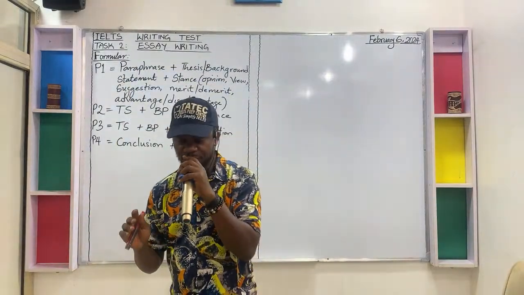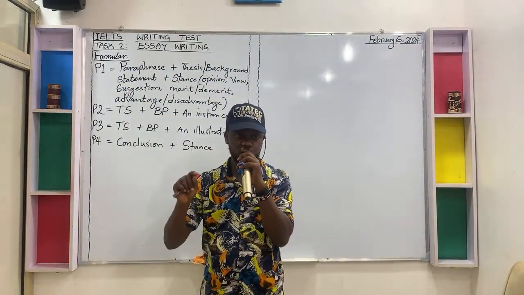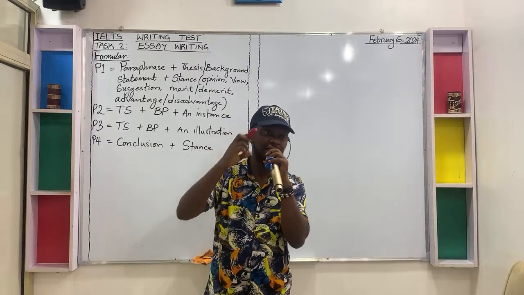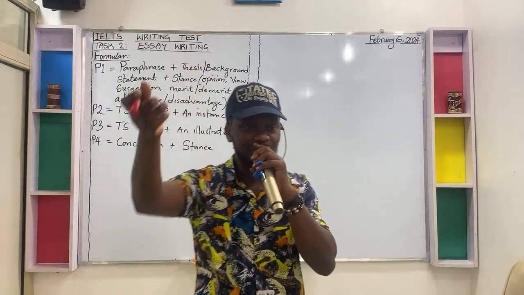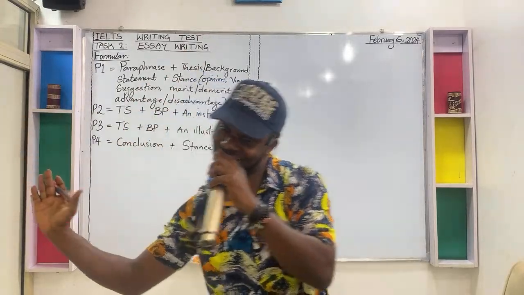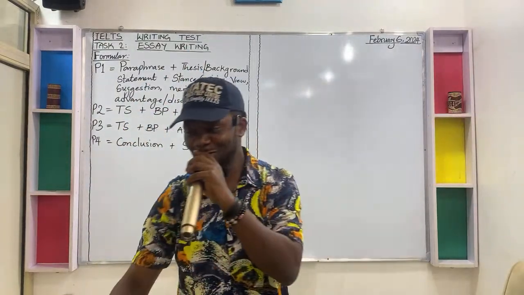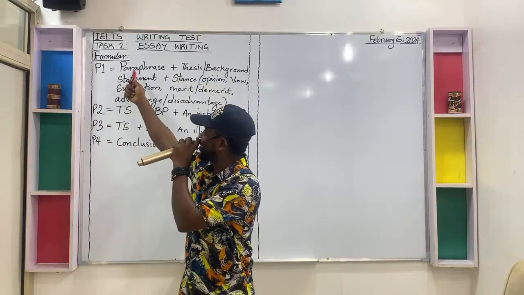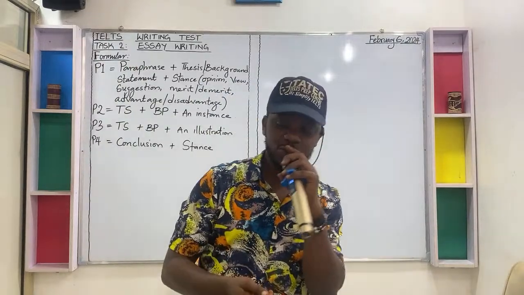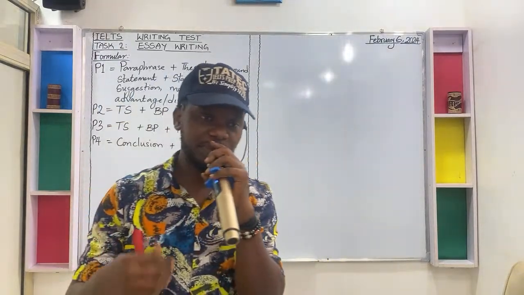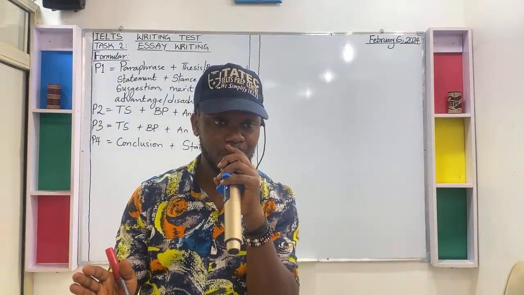If you are able to identify those words, then use your pen or pencil and write their synonyms on top of them. So once you've achieved this, then the next is do what? Transfer onto your answer sheet. And that will be the paraphrase. In layman's words, in IELTS, paraphrasing means you are doing what?